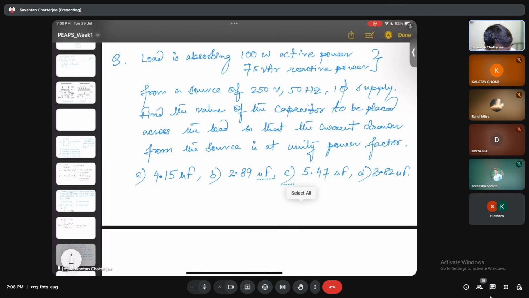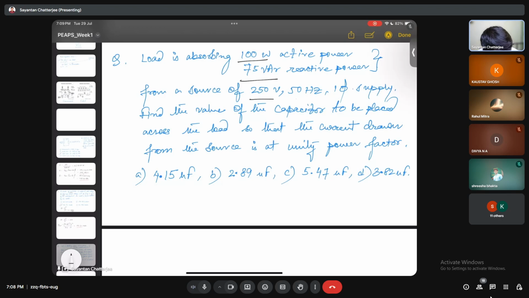I guess you have started, right? So these are the values: real power, reactive power.